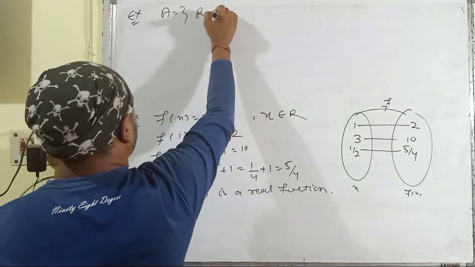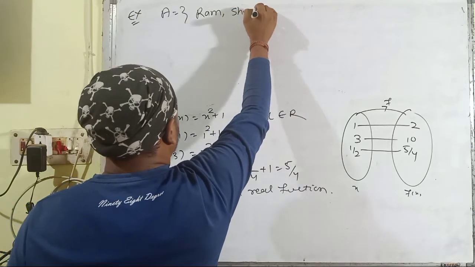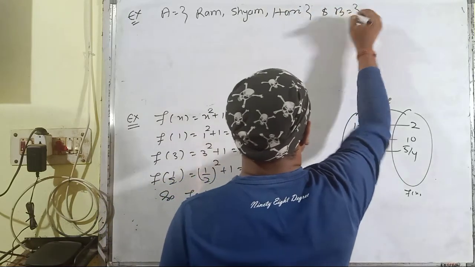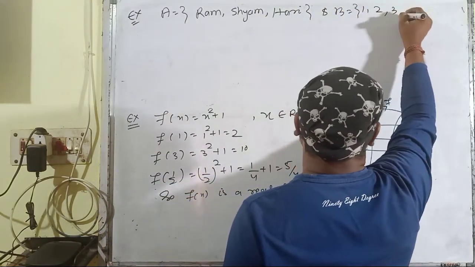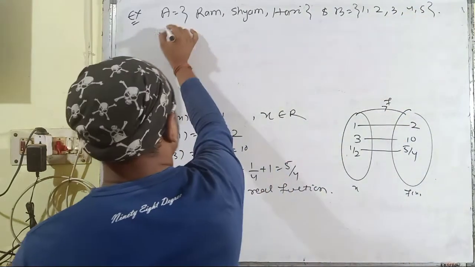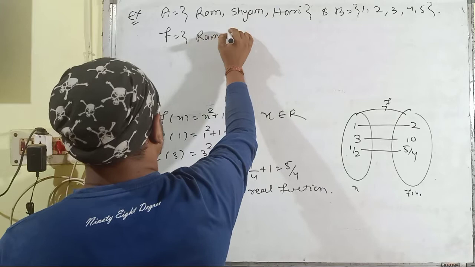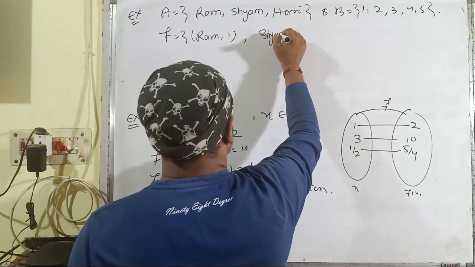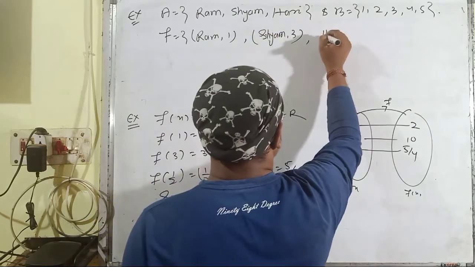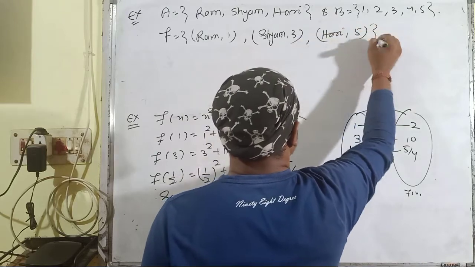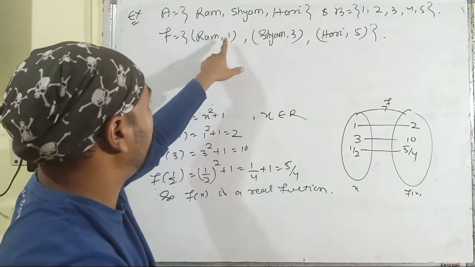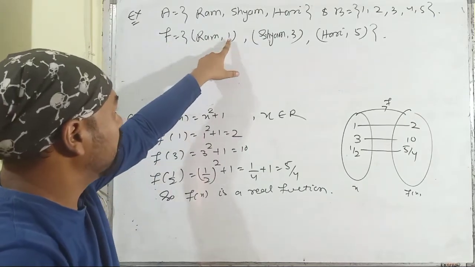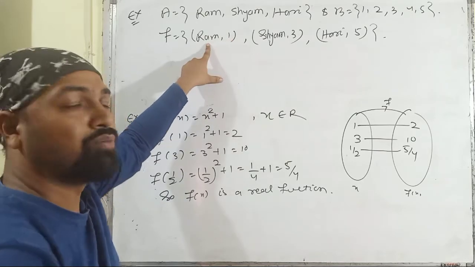Suppose A contains the elements Ram, Shyam and Hari, and B is a set which contains the roll numbers of these students, and the function f from A to B is defined by, suppose the roll number of Ram is 1, the roll number of Shyam is 3, and the roll number of Hari is 5. It is the f image. 1 is the roll number of Ram under the function f. That means 1 is the f of x and Ram is the x.